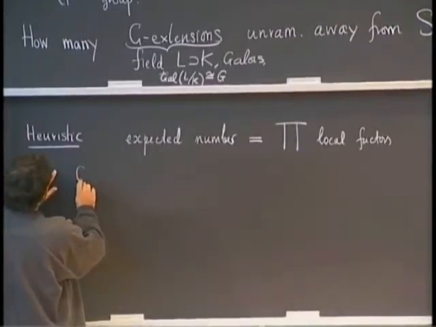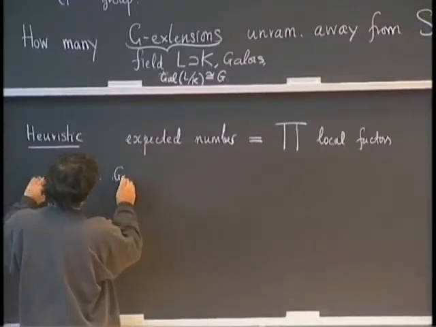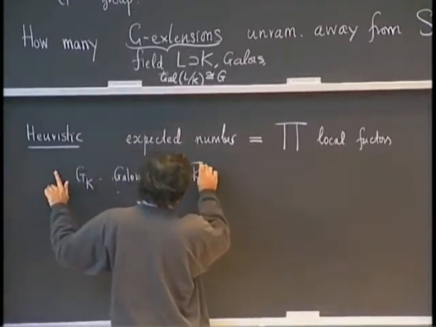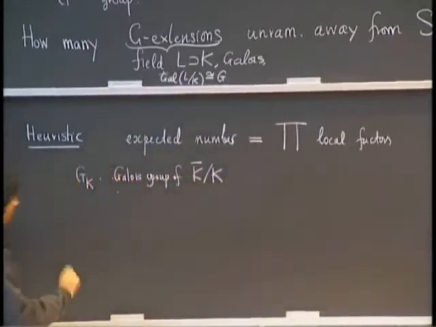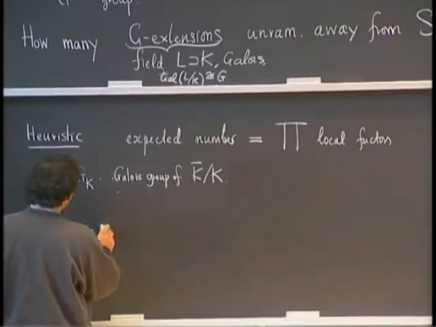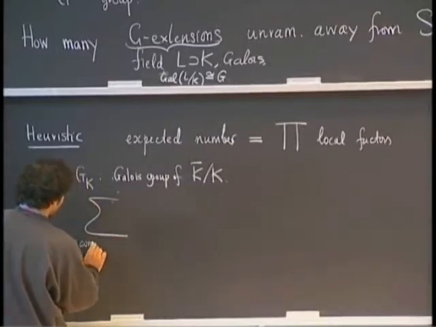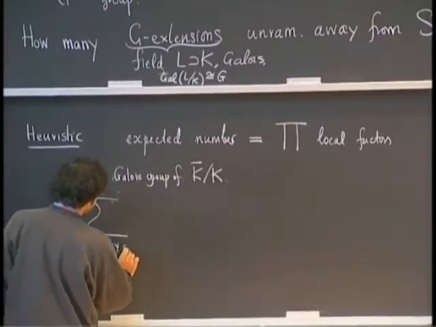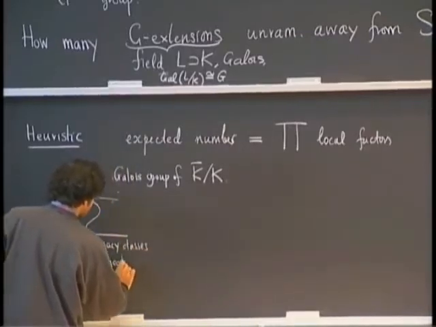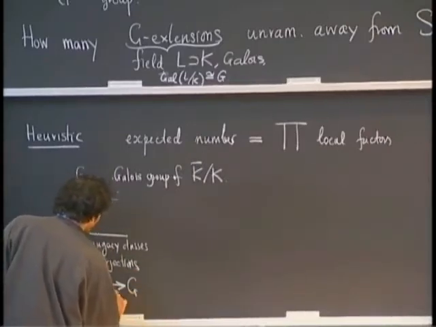So G_K will be the Galois group of an algebraic closure, K-bar over K. What we're going to count is conjugacy classes of surjections from this absolute Galois group to G, let's call them rho.